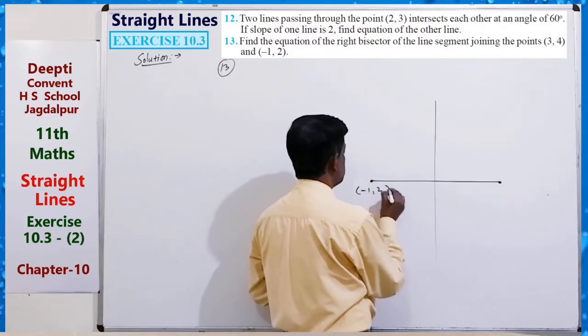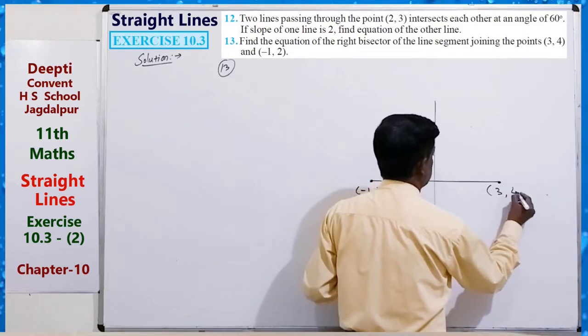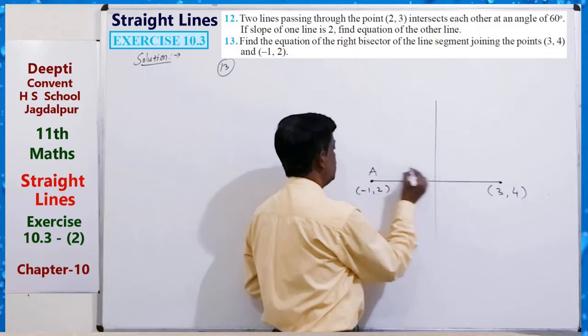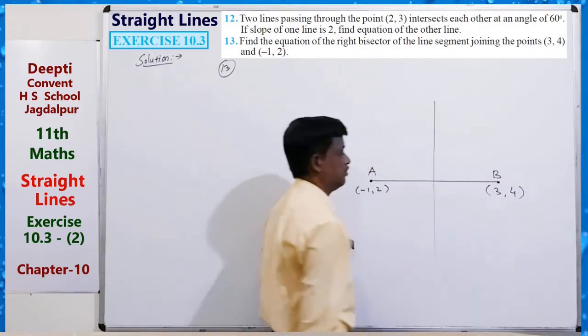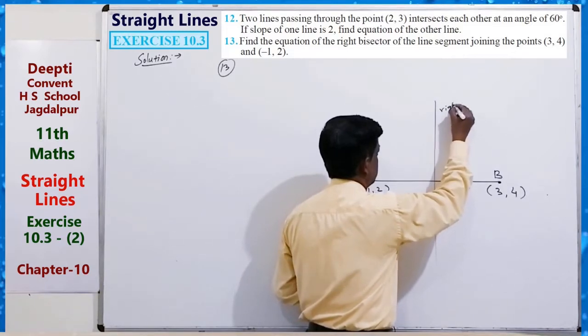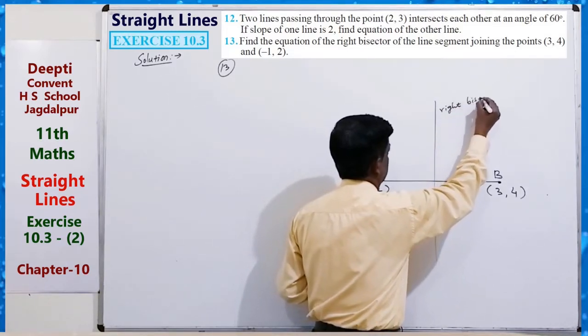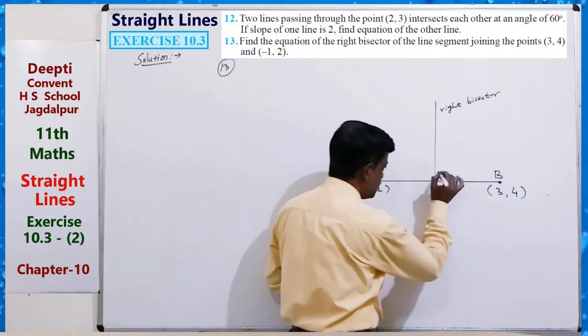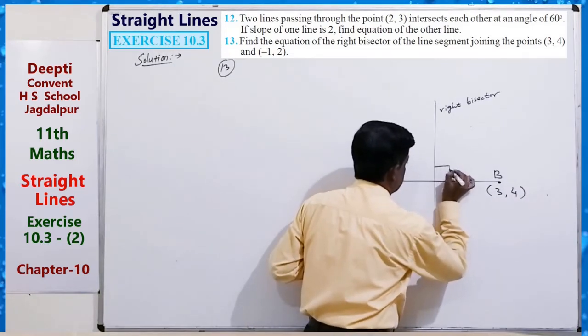These are the two points given. Suppose the points are A and B. Given this, this is the right bisector, and right bisector means perpendicular.